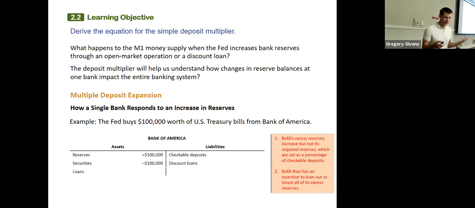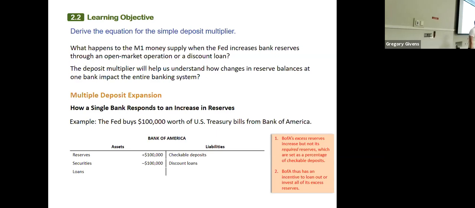Okay, first off, let's assume that the required reserve ratio in this pretend little economy we're dealing with here is 10%, okay? So 10 cents off of every dollar that is deposited into a bank has to be held in reserves.